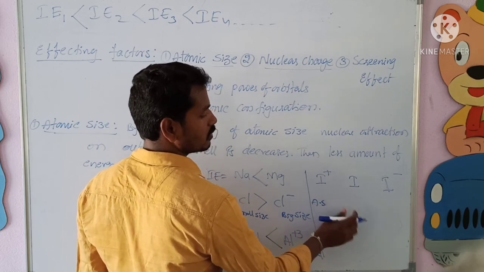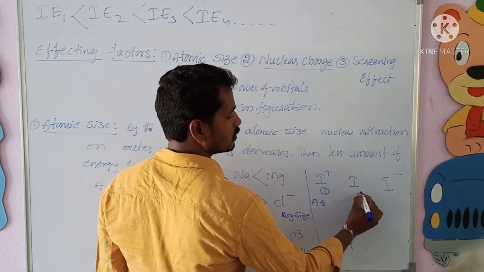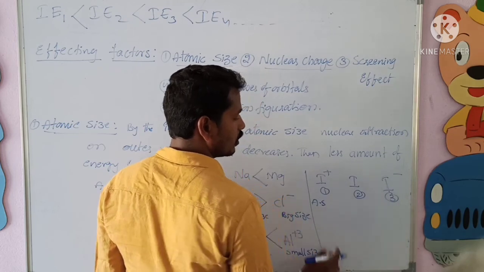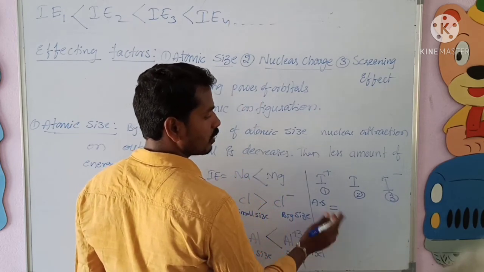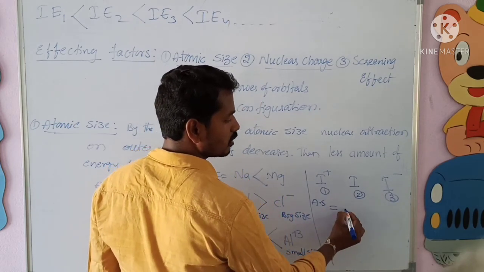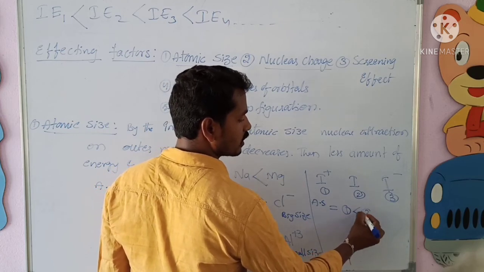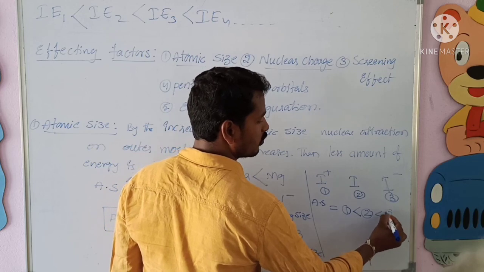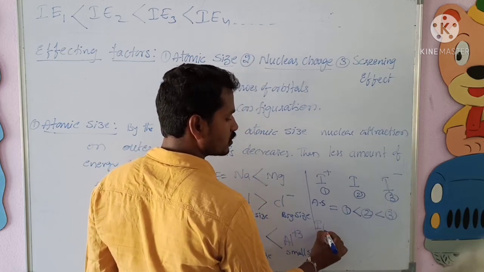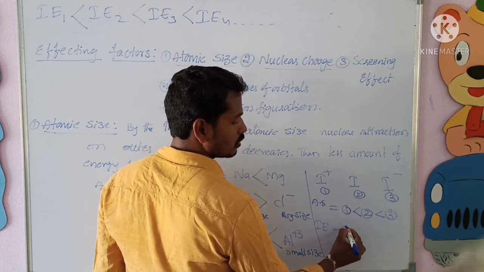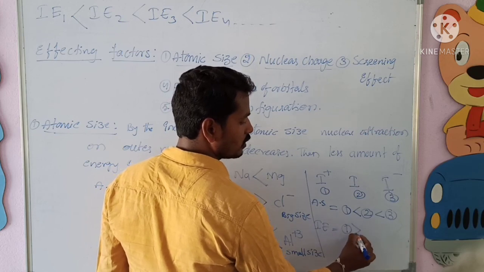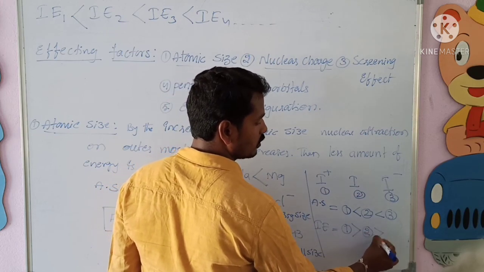The first one has the smallest size, then the second one, then the third one. Then the ionization energy order is 1 greater than 2 greater than 3.